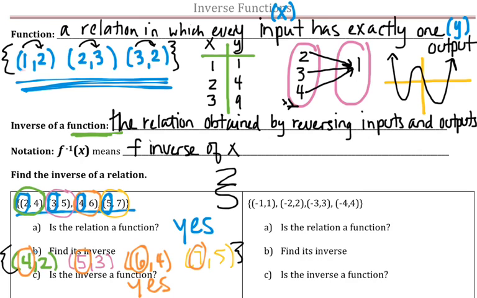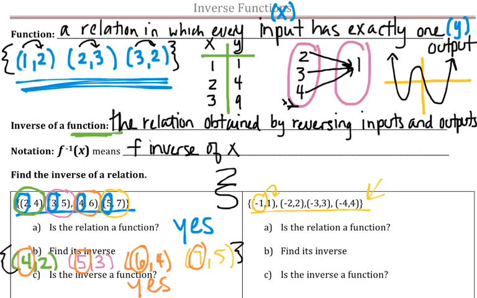So in this one that you can see right here, did you say that this was a function or not? Yes or no? This one right here. Oh, yes. The original one that I've underlined in yellow is a function because every input gets the same output. So when I put something in, I get something out.